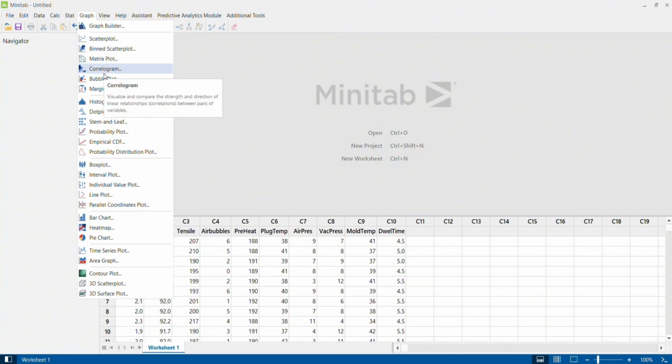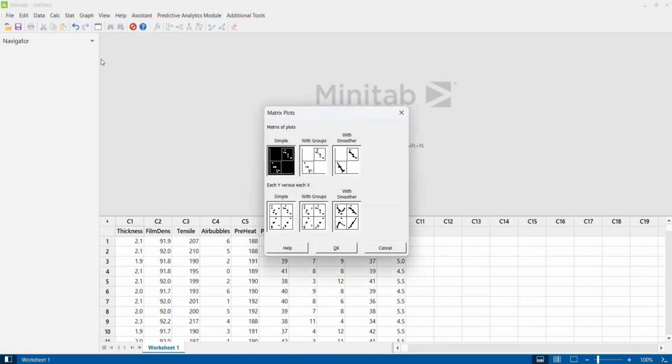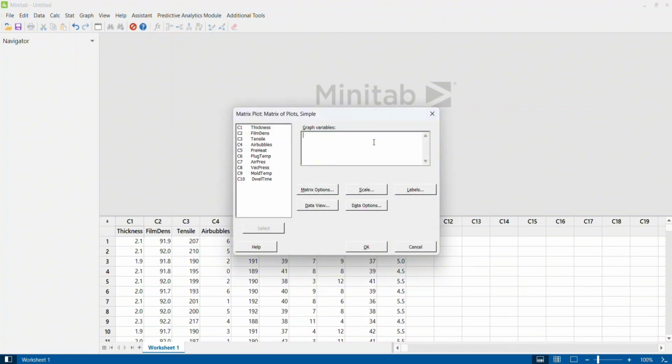A matrix plot helps me examine the relationship between my y and my x's and also among the x's. So I select this simple option, and here I select thickness as my y metric and all the others as my x metrics.